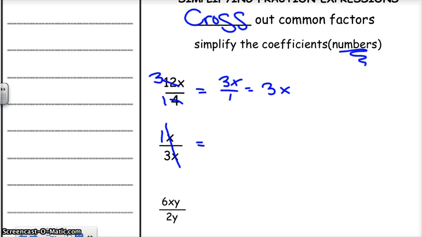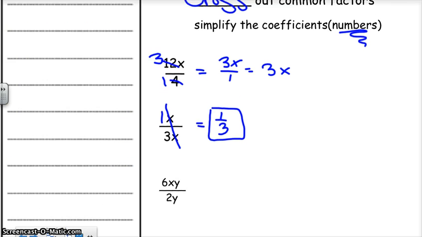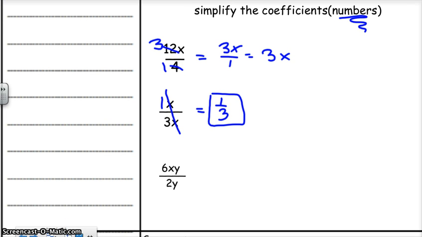This turns into 1 over 3. 6xy over 2y. What do they have in common? y. Cross them out. And I get 6x over 2. 6 over 2 is what? 3. So I can write that as 3x. Okay?